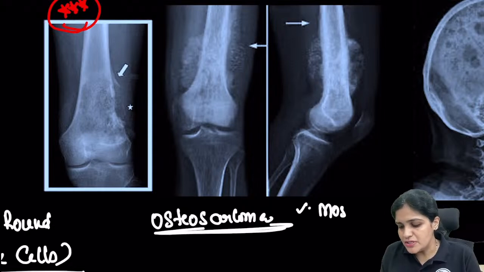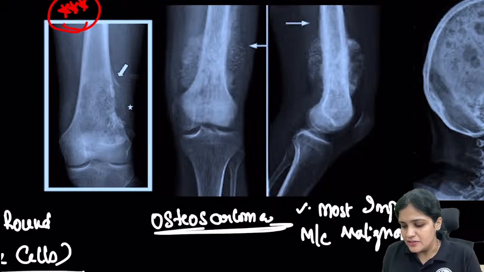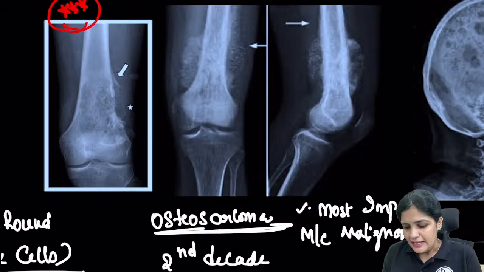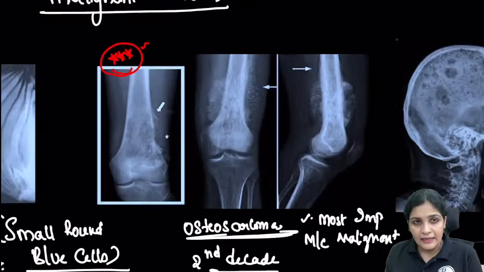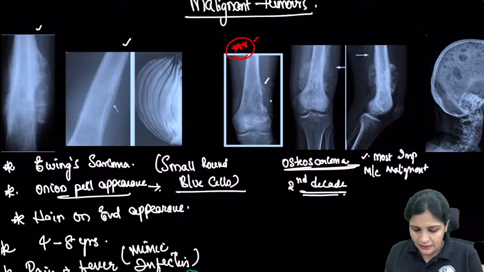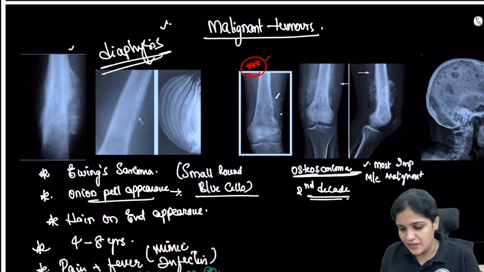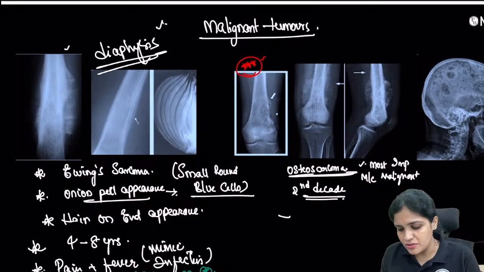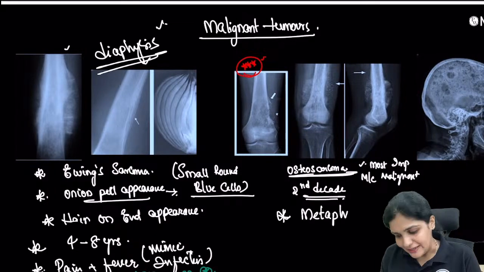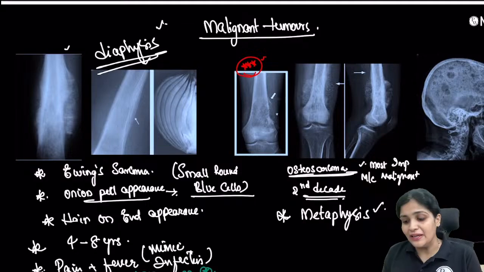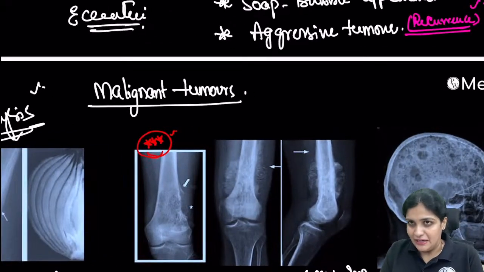This is one of the most important and most common malignant tumors, and it is usually seen in the second decade. One more thing about Ewing's, I forgot: it is seen in the diaphysis, whereas osteosarcoma location-wise is seen in the metaphysis. For oncology, that is very important.